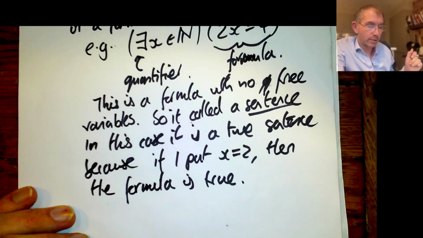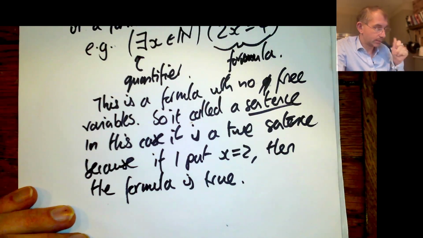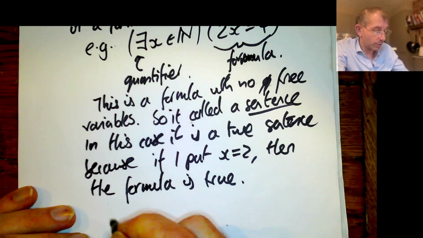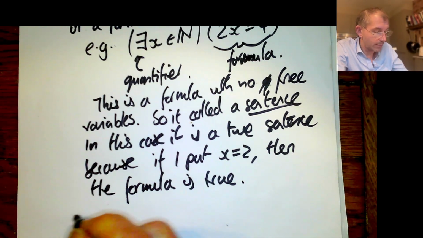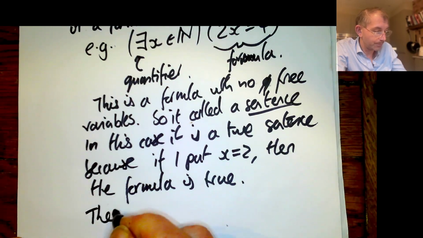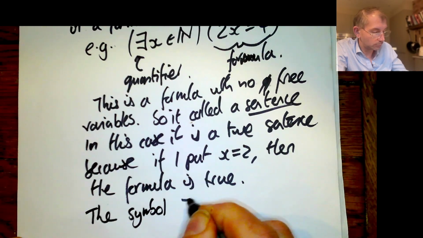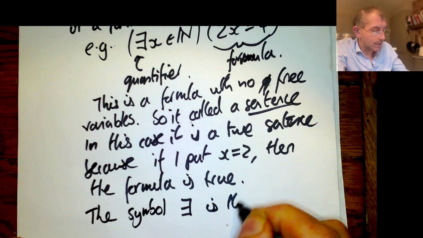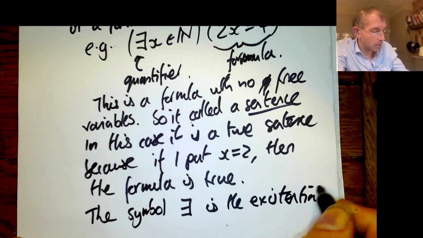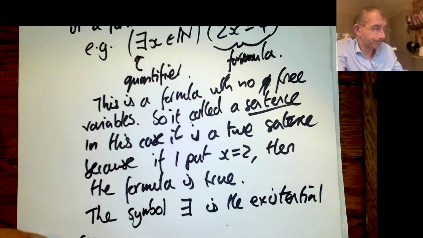The other one is for all x, or for all whichever variable you're looking at. The other example, so this is the existential quantifier.